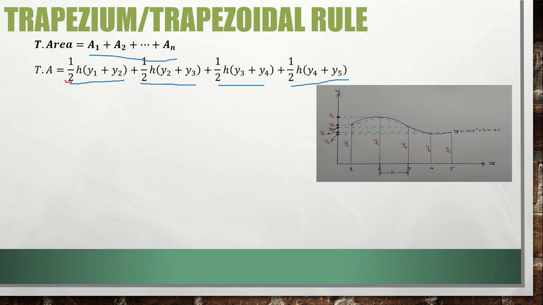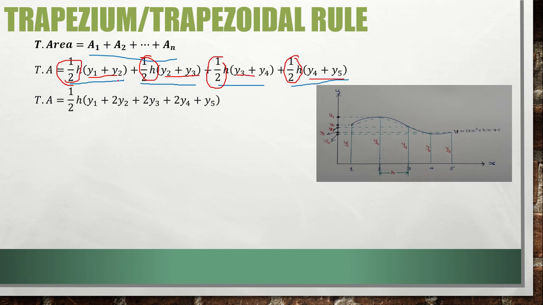Notice we have a half h here, a half h, a half h again, and another half h here. Because it is common in each of those expressions, it can be termed a scalar. So a half h is multiplying each and every parameter inside this bracket.